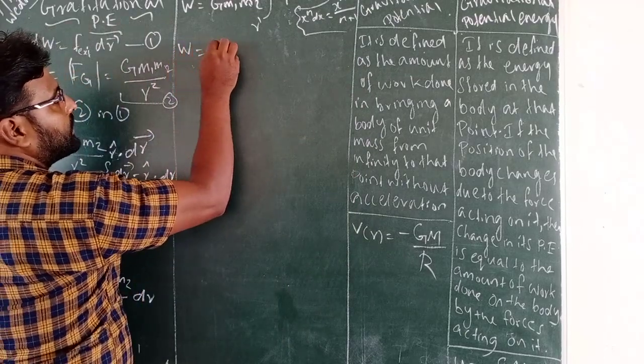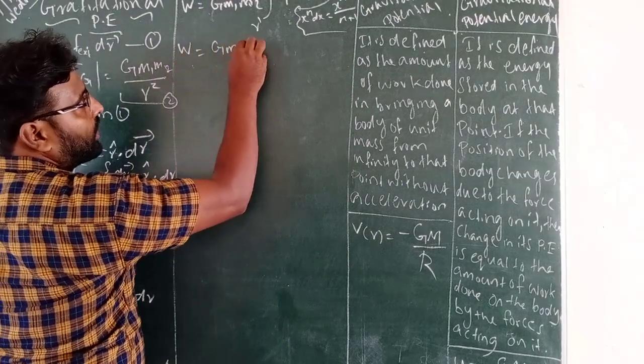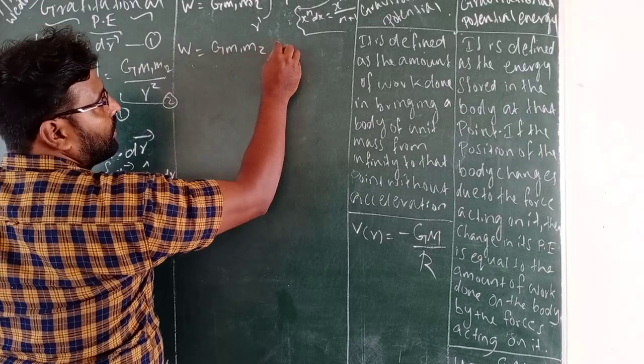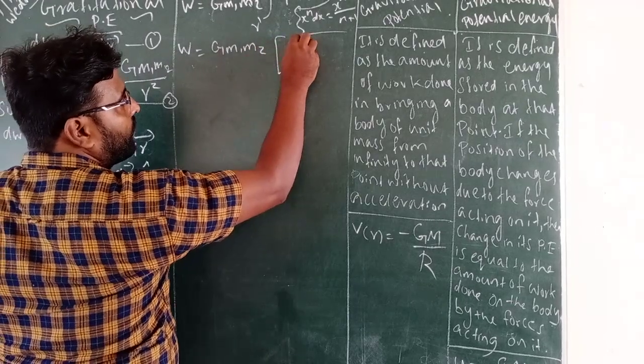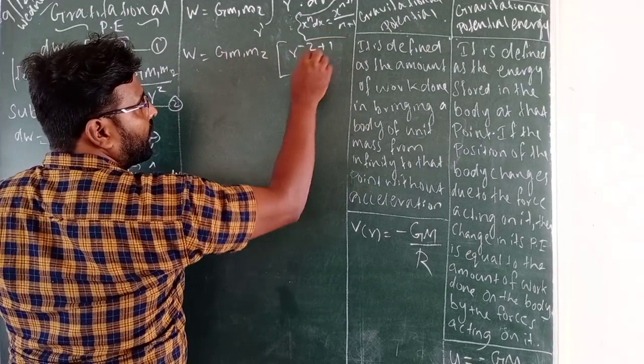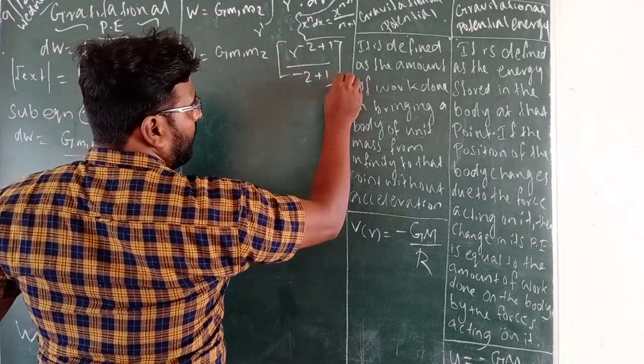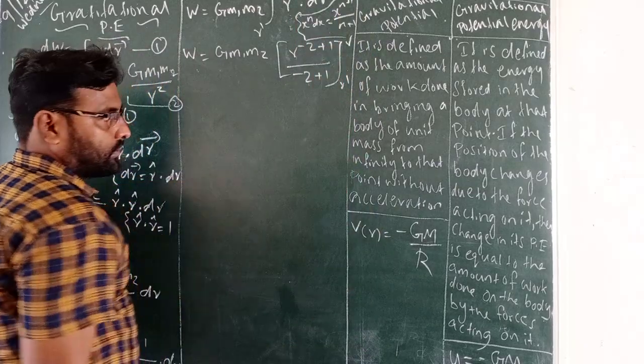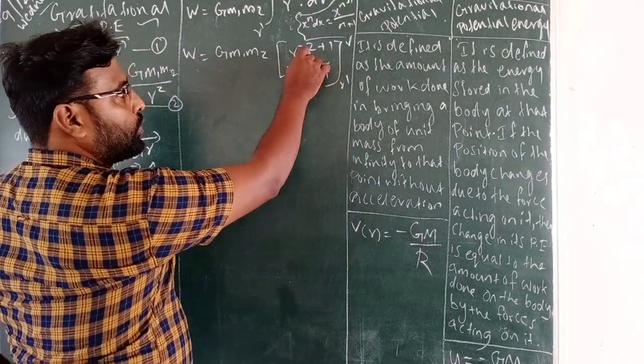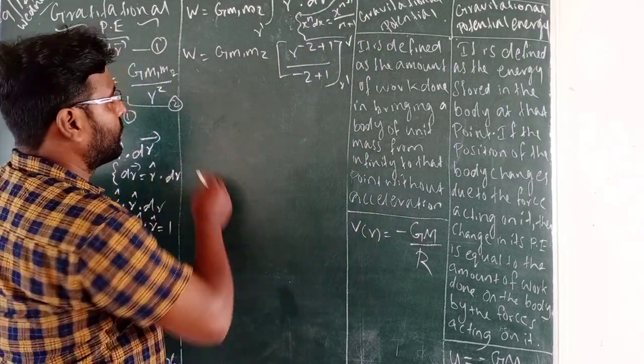Now W is equal to G M1 M2 integration R power minus 2 plus 1 divided by minus 2 plus 1, R dash to R. Minus 2 plus 1 is what? Minus 1.